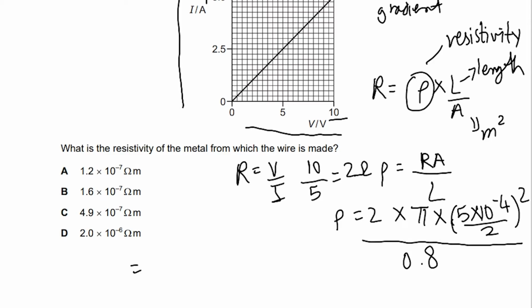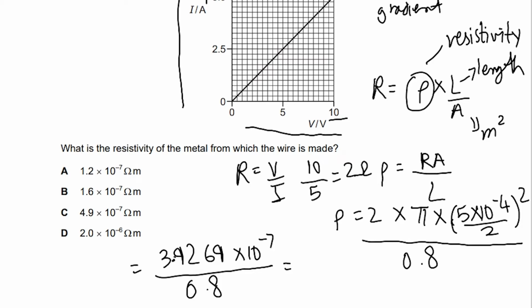If we square it and then we multiply it by pi and then by 2, we get 3.9269 multiplied by 10 raised to the power minus 7 as the answer, and then we have 0.8 in the denominator. So the final answer we get is 4.9 multiplied by 10 raised to the power minus 7 ohm meter. Okay, so C is the answer.